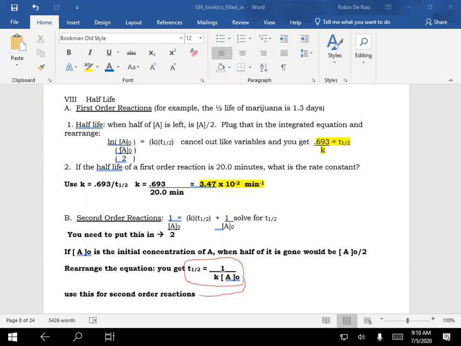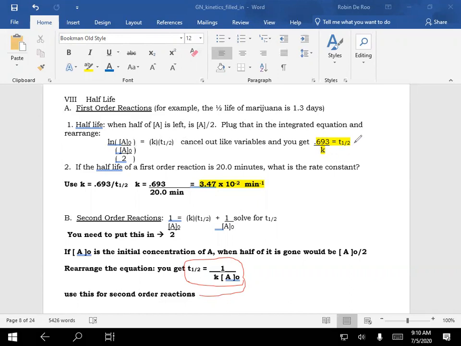So we take the initial concentration divided by 2, and then it's equal to K times T 1/2. We're labeling this as 1/2 because it's the half-life now. If we do all the math and cancel, this is what you end up with for first order.